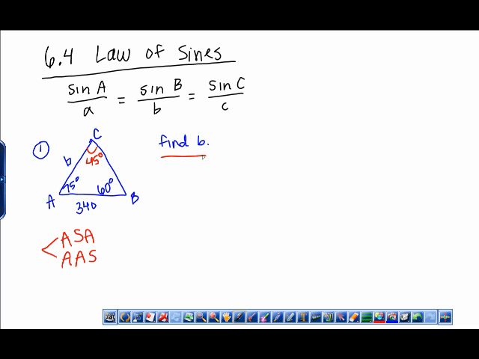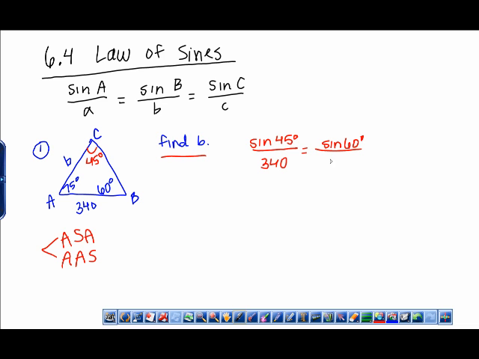First off, you want to start with something that you know. I know that C is 45 degrees, so sine of 45 degrees, and I know that side C is 340. That proportion is going to be equal to, now when you set up the other side, I'm not going to write sine of 75 because I'm not trying to find side A yet. That could be my next step, but for right now I'm trying to find B. So I want to set this up as sine of 60.